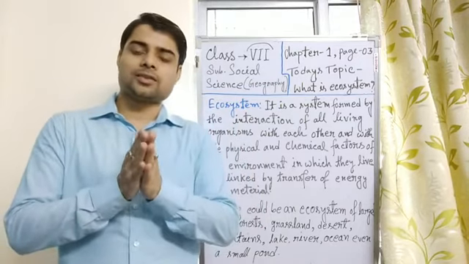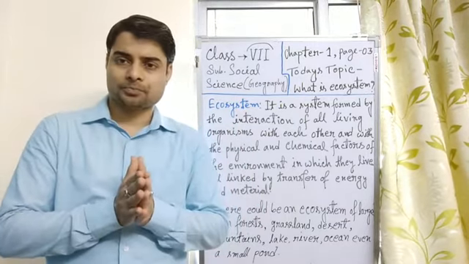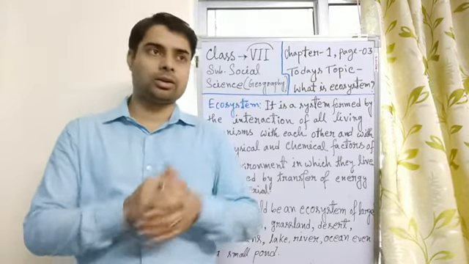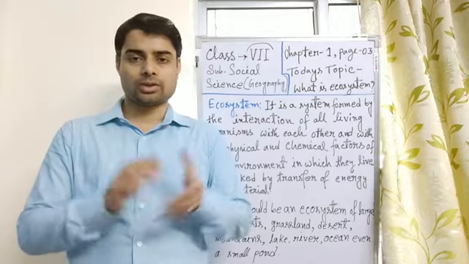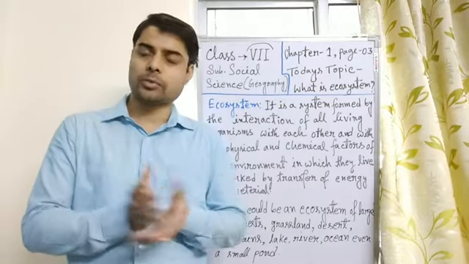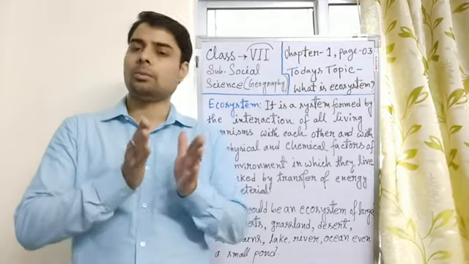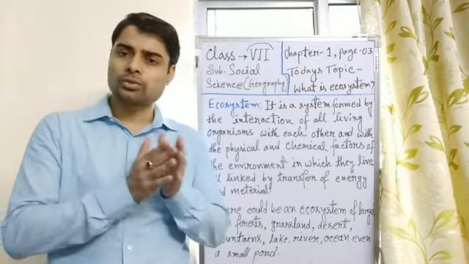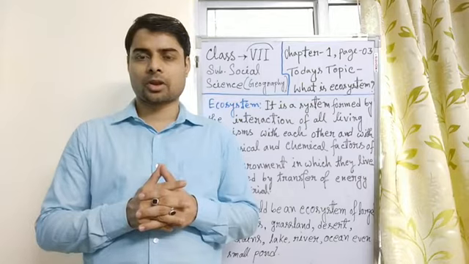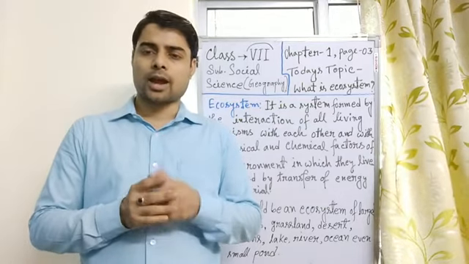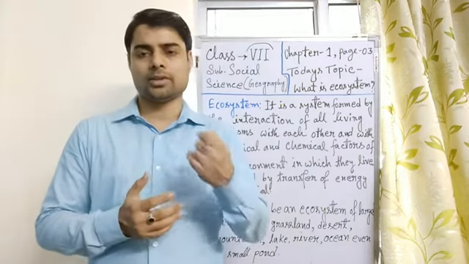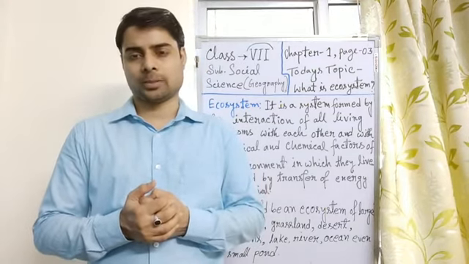Ecosystem means a system where all the living beings are interacting with each other, like in our nature, in our surroundings, in our environment. All the animals, plants, human beings interact with each other. They are closely related with each other. And all the microorganisms are also related with each other.